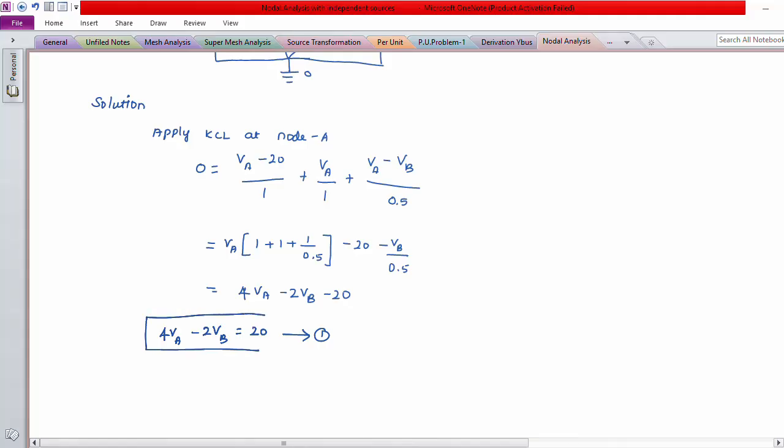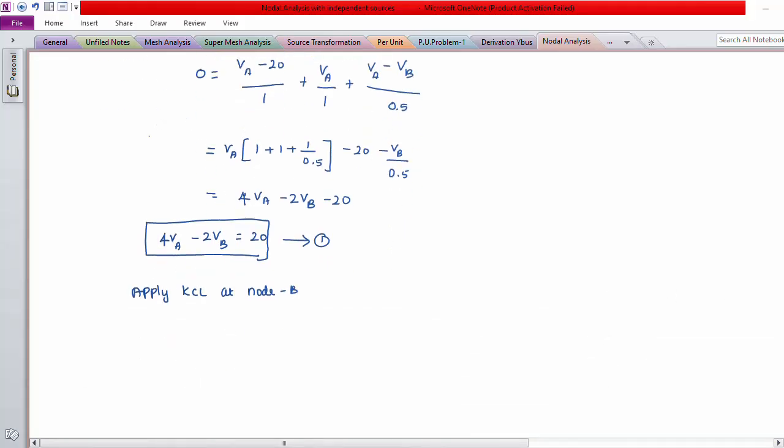Similarly, apply KCL at node B, where we have assumed the node voltage VB. At node 2 also there are no current sources, so we write 0 equal to (VB minus 20) divided by 1 plus VB by 2 plus (VB minus VA) divided by 0.5.